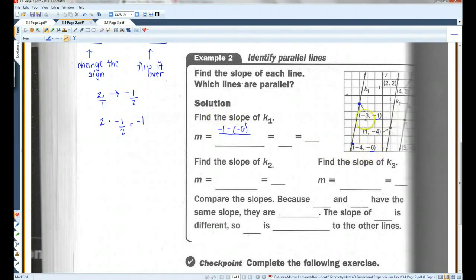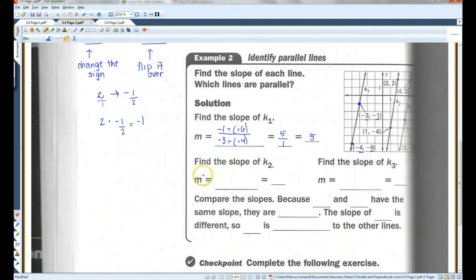And the x values are -3 and -4. Now remember, whenever you have a minus negative, it becomes a positive. -1 plus 6 is 5. -3 plus 4 is 1. So the slope is 5.